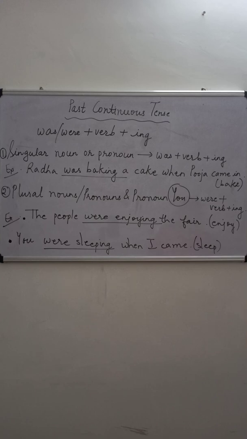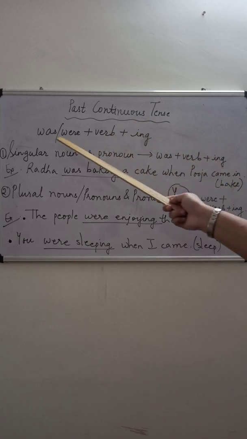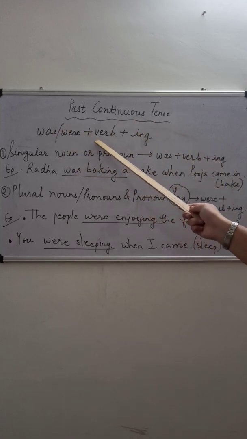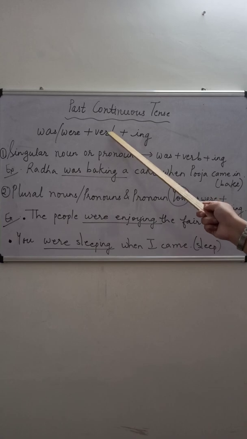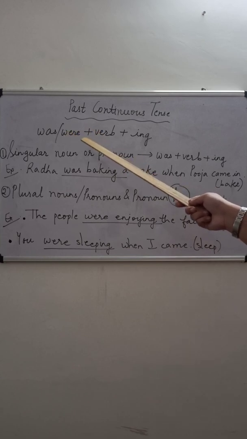Now I told you that while writing past continuous tense, we use was or were plus the ing form of the verb. So first, let us also understand when do we use was and when do we use were.